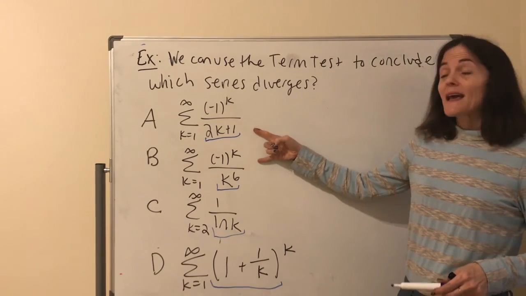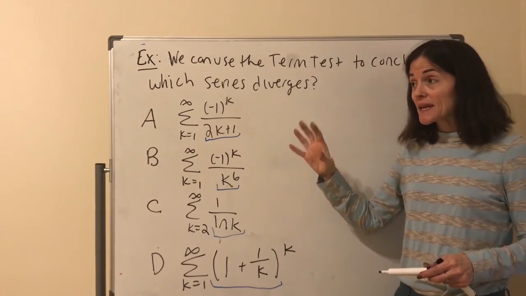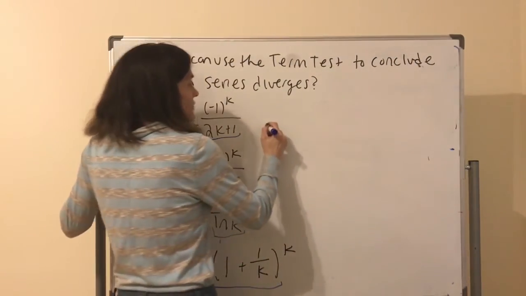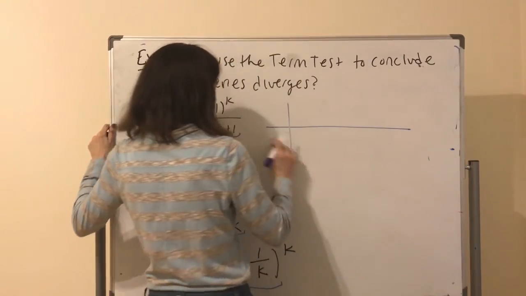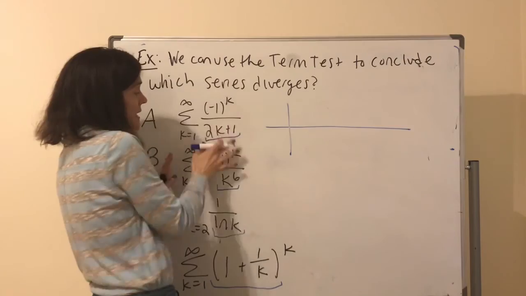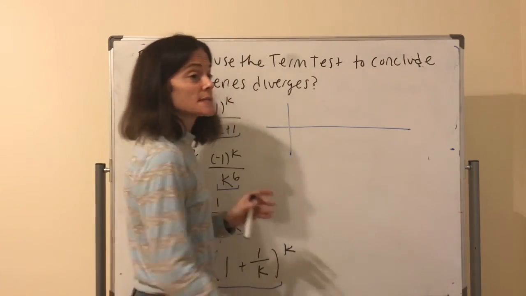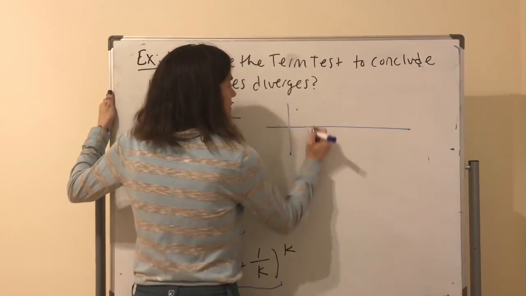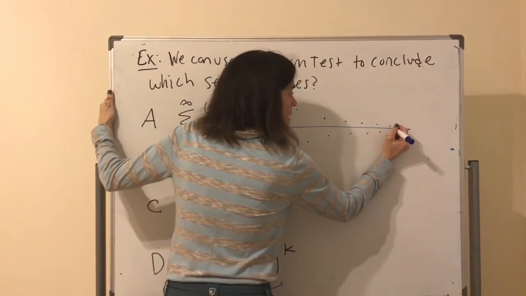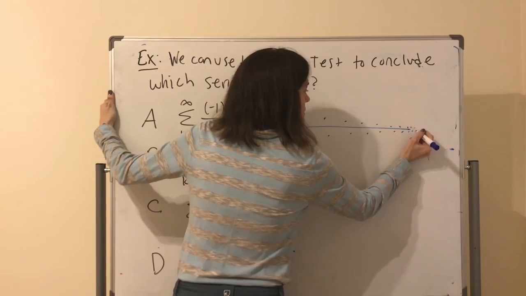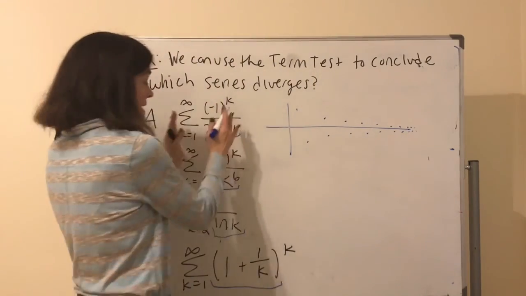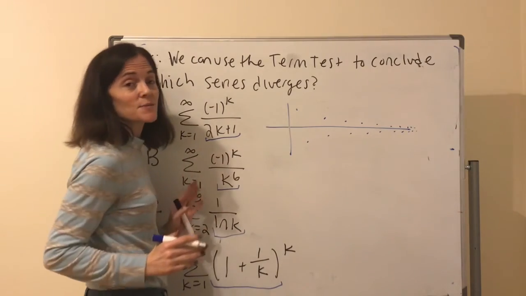Both of these, you see a minus 1 to the k, but what's happening is the denominator is growing without bound. So if you have a sequence, and this works for both of these, if without the minus 1 to the k the sequence is going to 0, well, then you add this minus 1 to the k part, and you're oscillating, but getting closer and closer to 0. So both of these, the terms go to 0. Term test tells you nothing, term test tells you nothing.